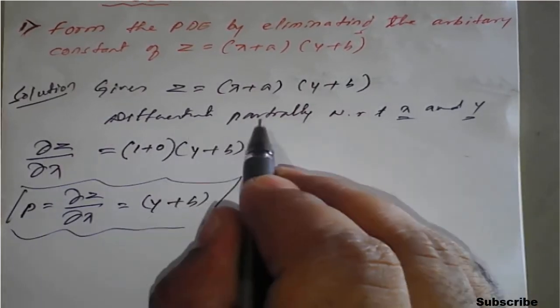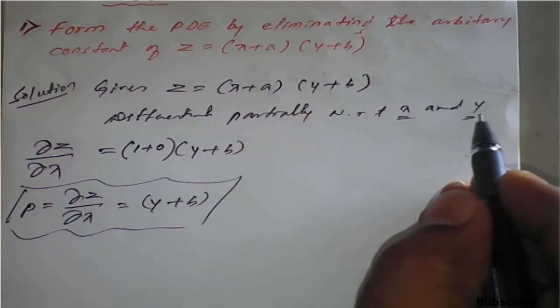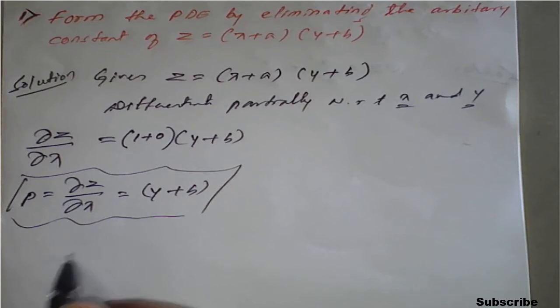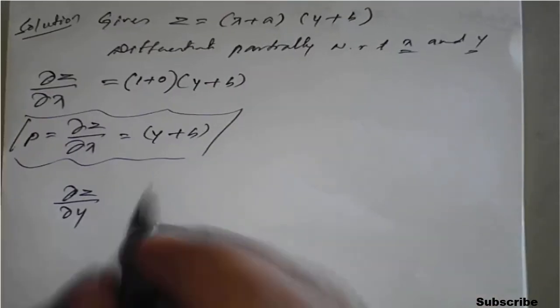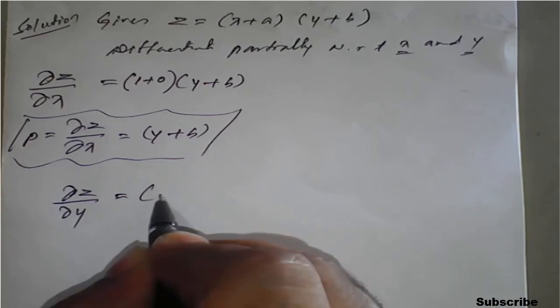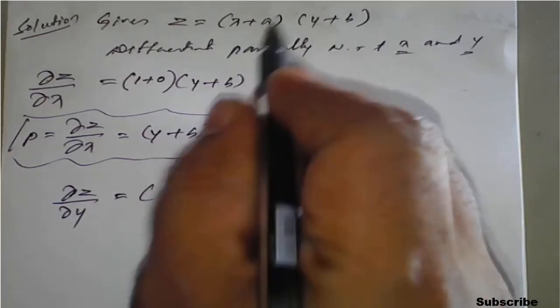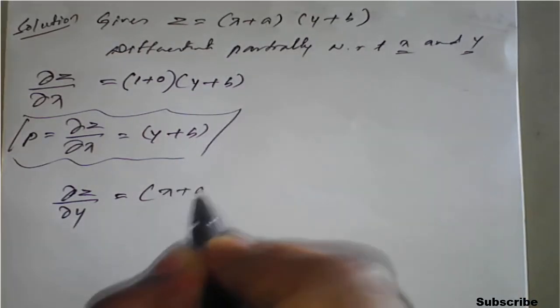Now differentiate partially with respect to y. For the given equation, dou z by dou y is equal to, now we have two brackets. With respect to y, this x plus a is purely constant, will keep as it is.